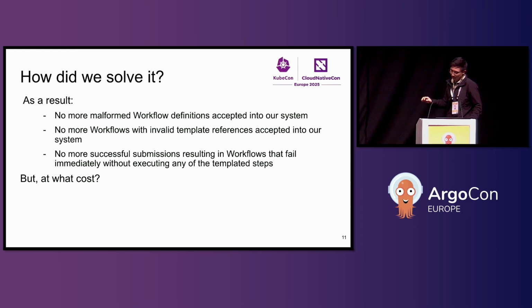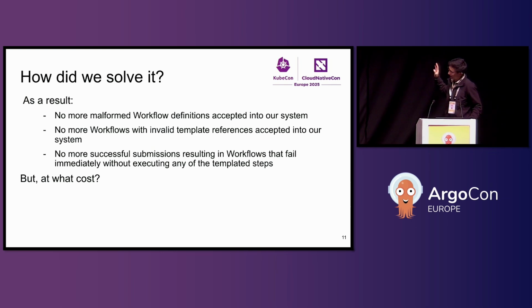And then we will not have any random workflows that fail in a later step that you don't get to see until you do a kubectl get. Every failure that relates to an invalid workflow definition will be returned right away.